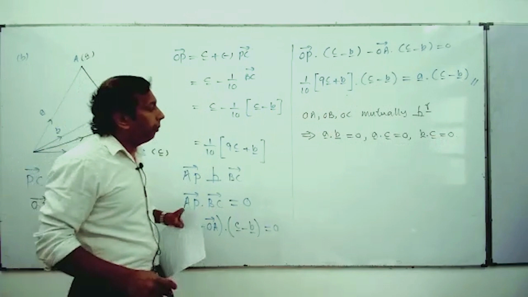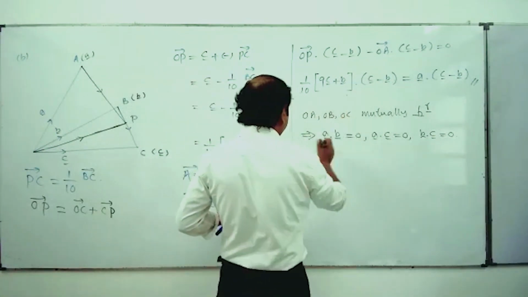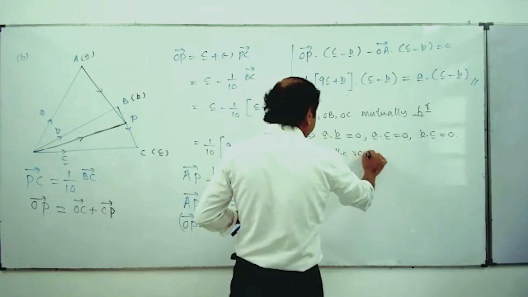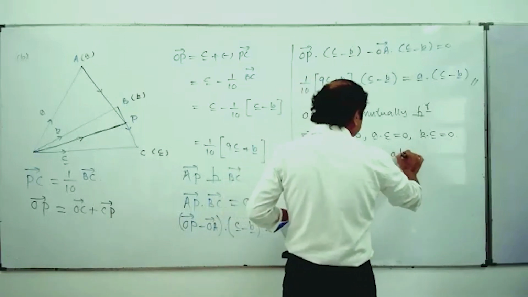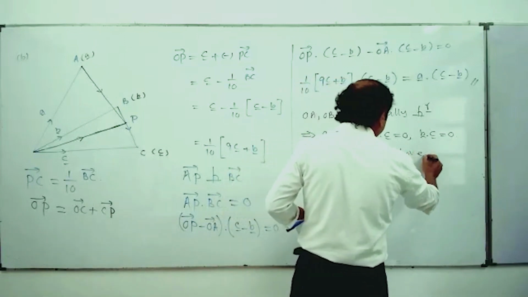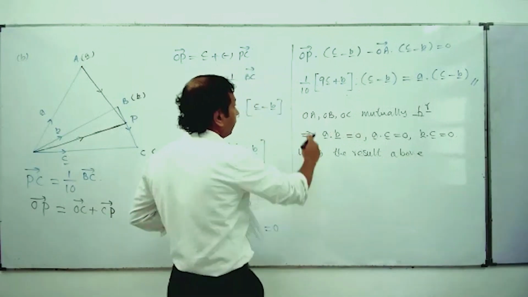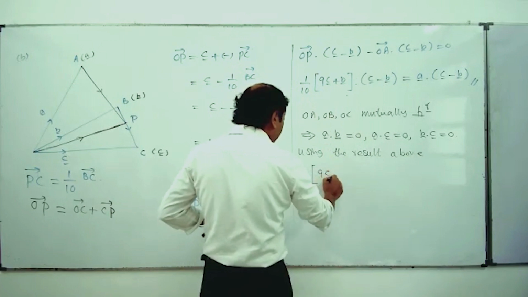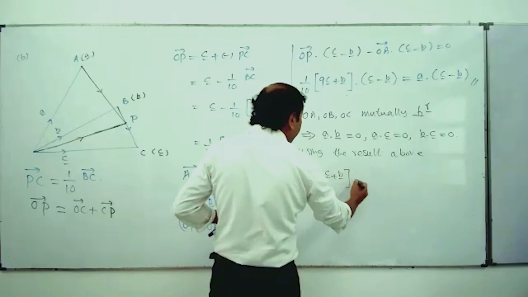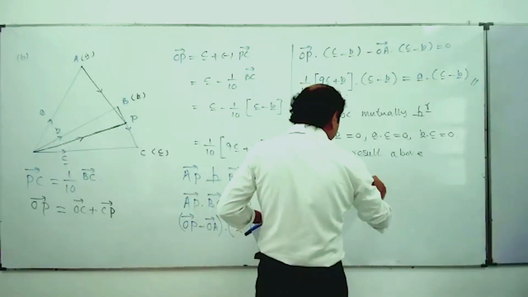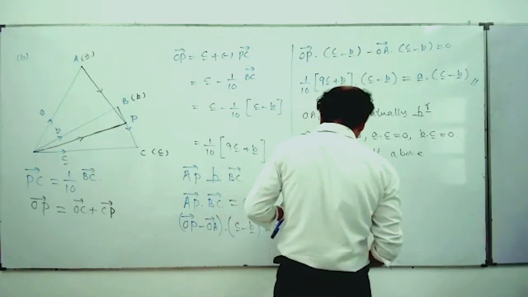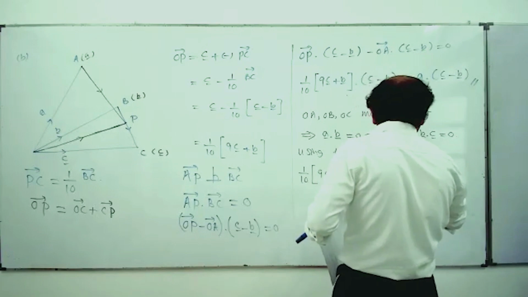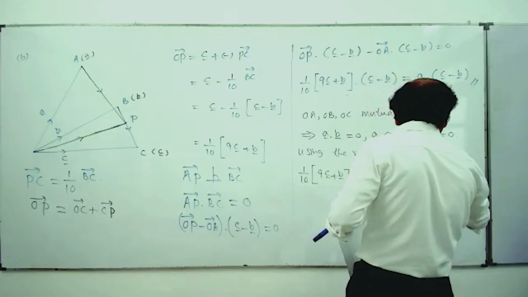Now, we can remove this bracket. You've seen the result above. You can expand this now. 1 upon 10 of 9c plus b dot c minus b equals a dot c minus b.